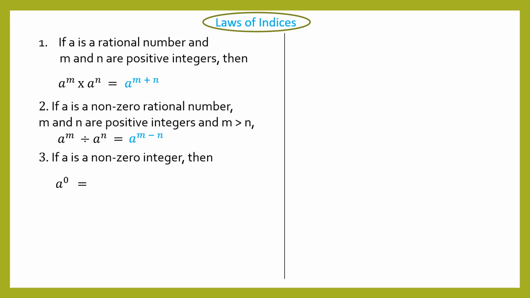That is, 2 is not to be written. So what will be the answer? 1. That is, any number can be expressed in the form of multiplication with 1. So it will be a raised to 0 is equal to 1.